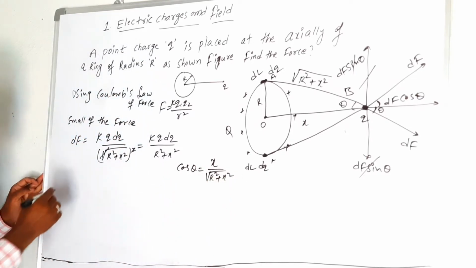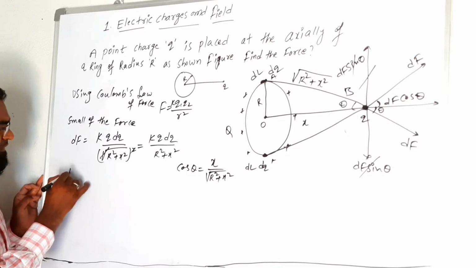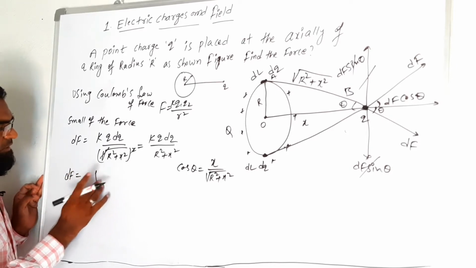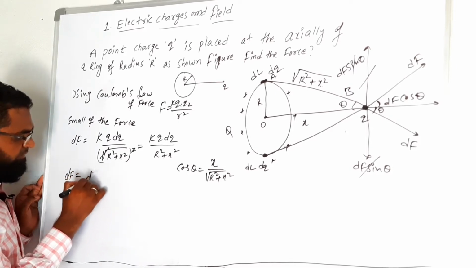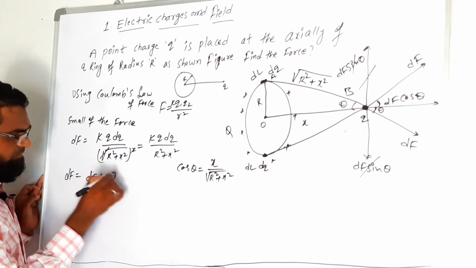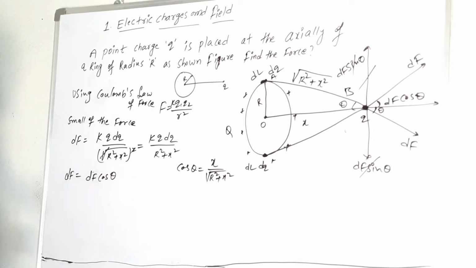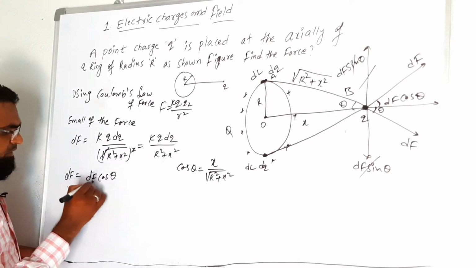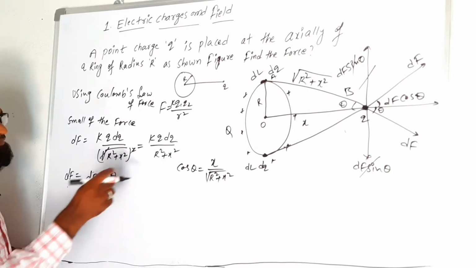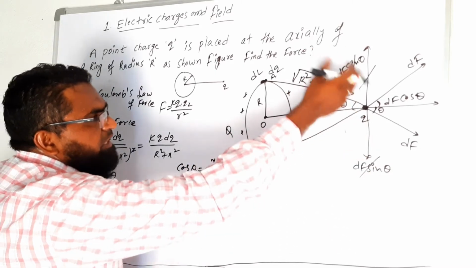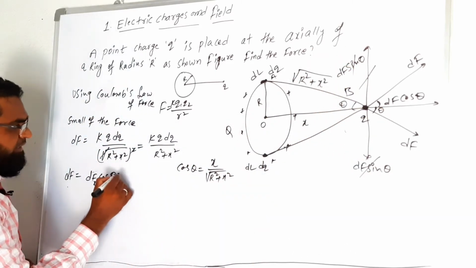Now writing the integration relation, before that, dF cos theta. Now integrating both sides, this is the x component, dFx equals dF cos theta. There is no sin theta component, because sin theta components cancel to 0. So there is no need for vector form.